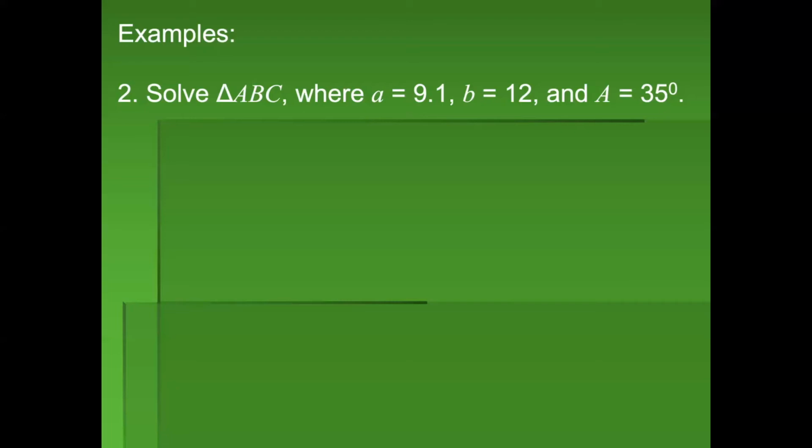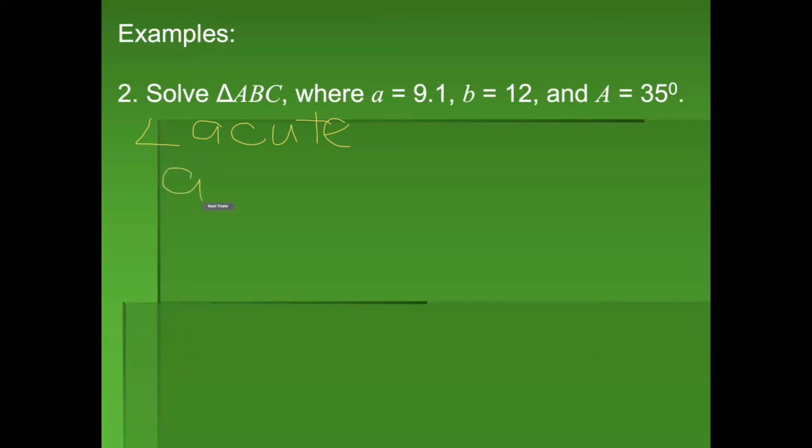By looking at the given, we say that the given angle is acute because that is 35 degrees. Opposite the given angle, we have side A, and that is 9.1.